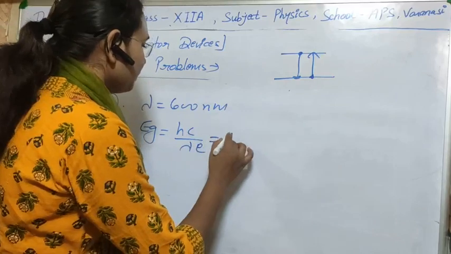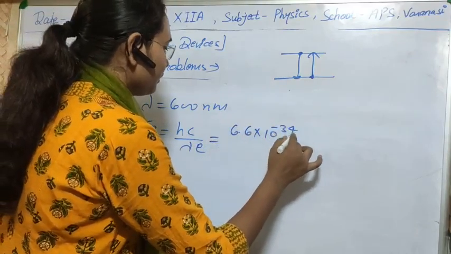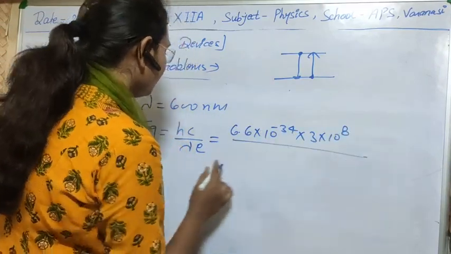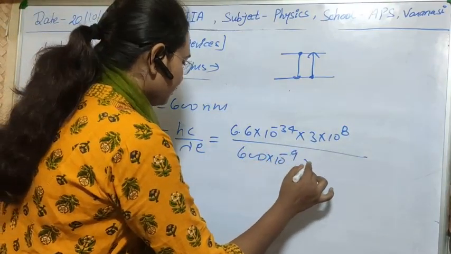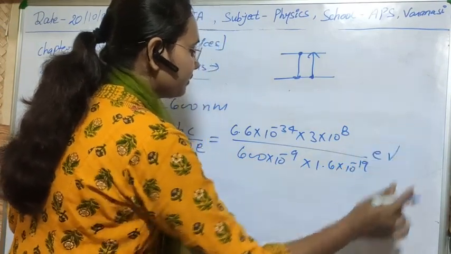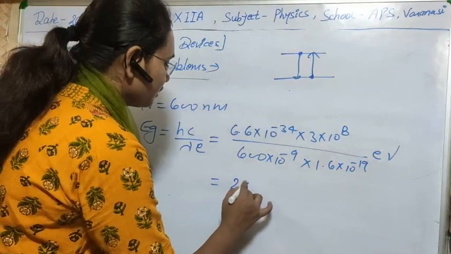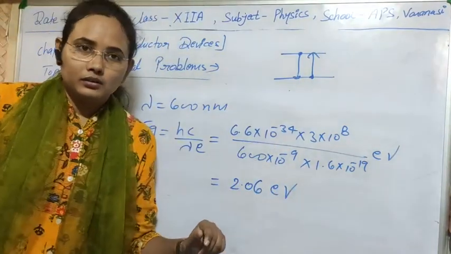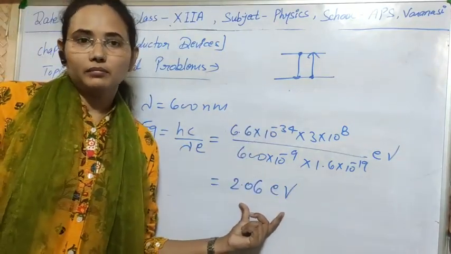So the final value will be 6.6 into 10 power minus 34 into 3 into 10 to the power 8 divided by lambda, which is 600 nanometer, and then 1.6 into 10 power minus 19, converting into electron volt. After solving this you will get 2.06 electron volt.